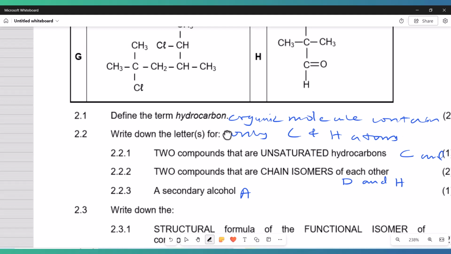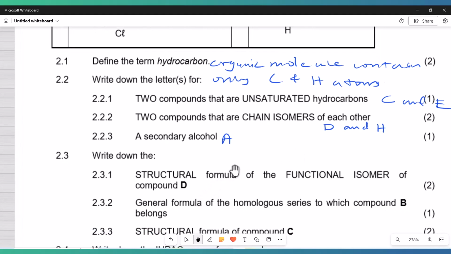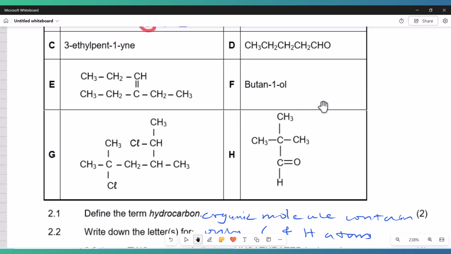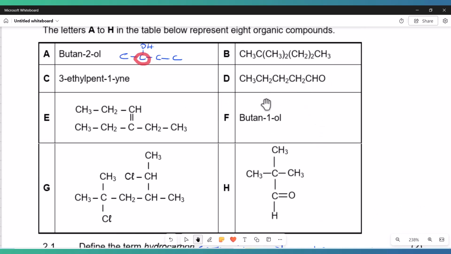Okay, then next here they said write down the structural formula of the functional isomer of compound D. Now compound D, where is it? Is this aldehyde here? This is 1, 2, 3, 4, 5. That's pentanal.